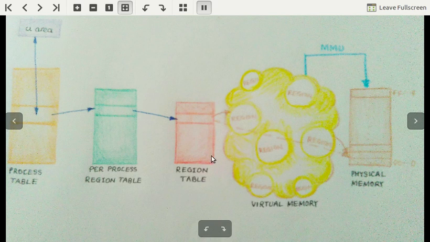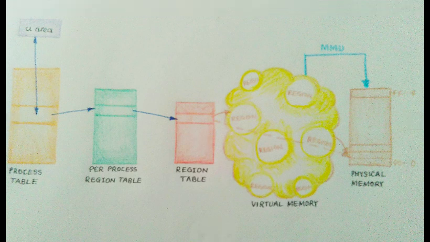The concept is analogous to the inode table: as in files we reach the physical file through the file table and inode table, here we reach the process through the per process region table and region table. Okay, and the MMU, memory management unit, is going to translate that logical address to the physical address.